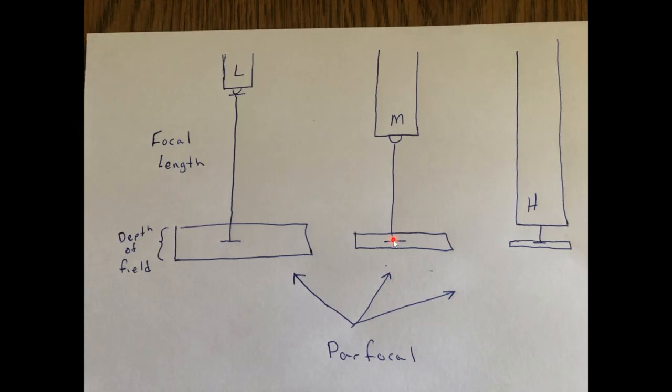And that's not too hard to do with the medium power lens. But when you switch to the high power lens, the slice of life that's in focus, the depth of field, is annoyingly thin. It's so thin that it's not always in focus very well when you switch.